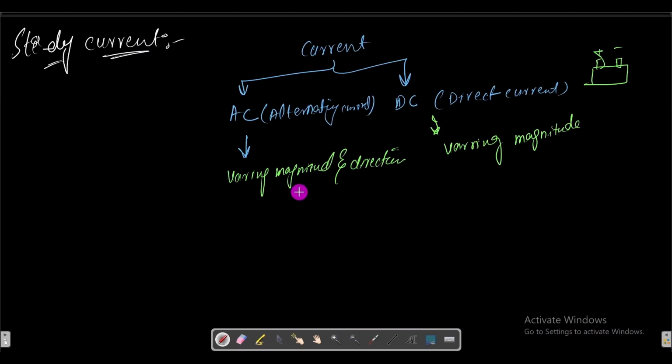Now if we take the magnitude of the AC current as constant, by constant AC current magnitude I mean that the frequency of the AC current is constant, then we call that a steady current.